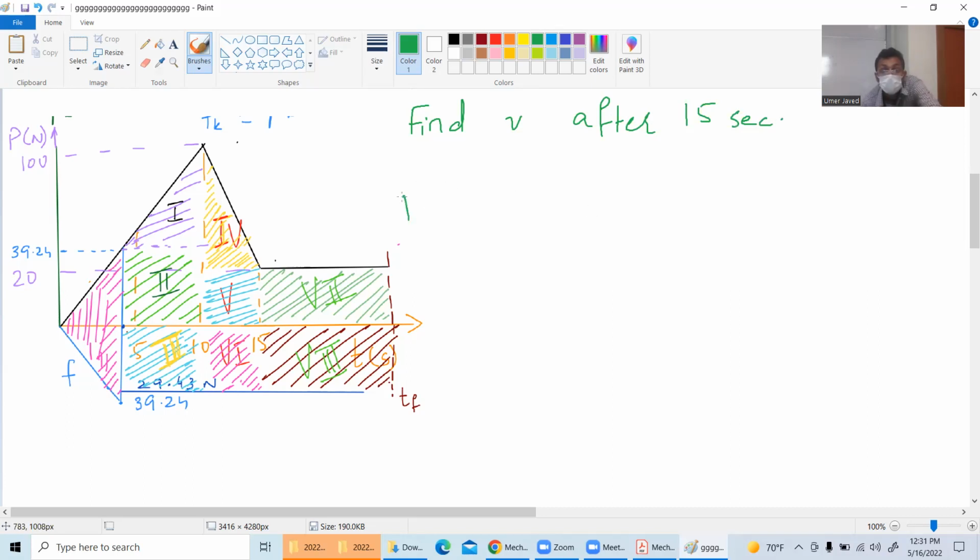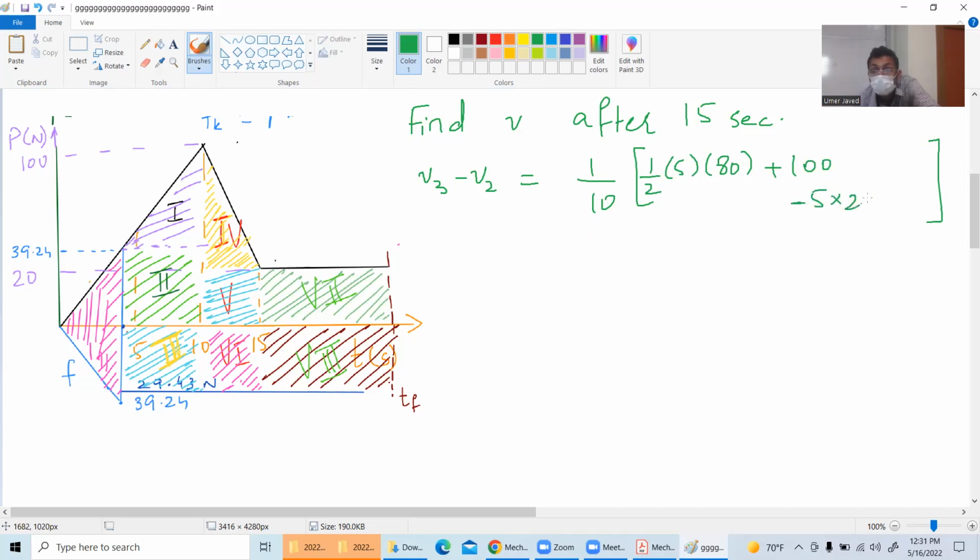So I will again play that little game. V3 minus V2 is equal to 1 over 10 into bracket. So add the triangles 4, 5, and 6. And I will get 1 over 2 into 5 into 80 plus 100 minus 5 into 29.43.